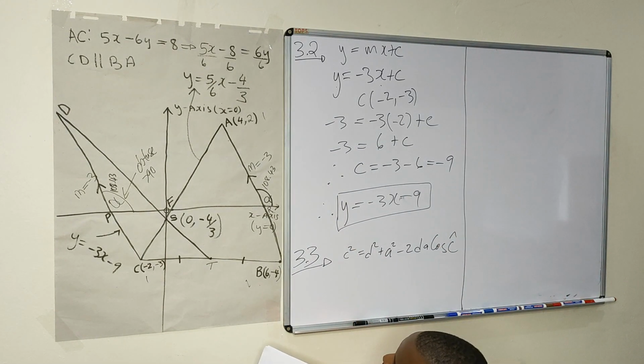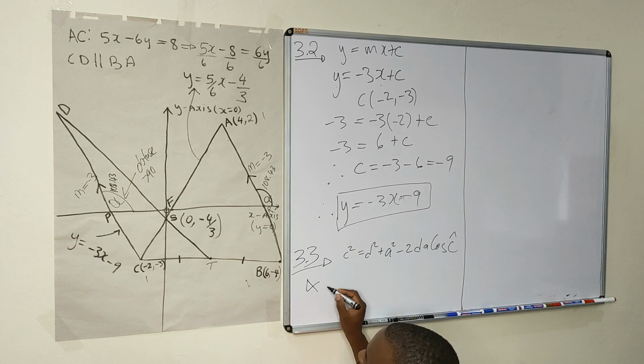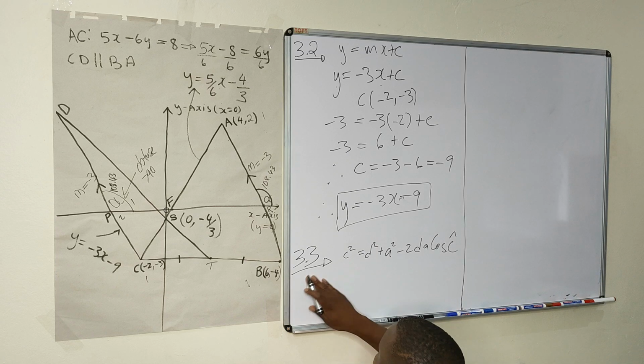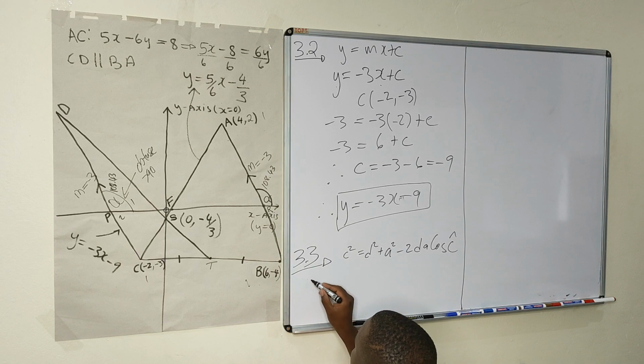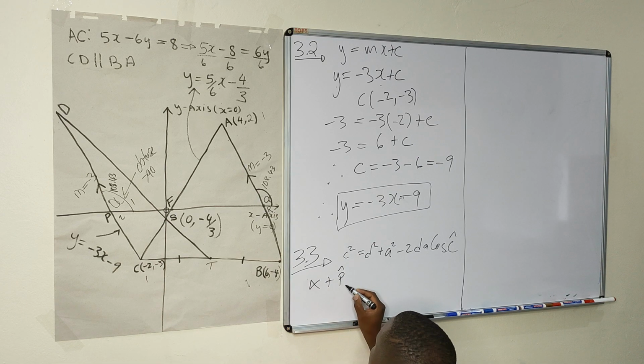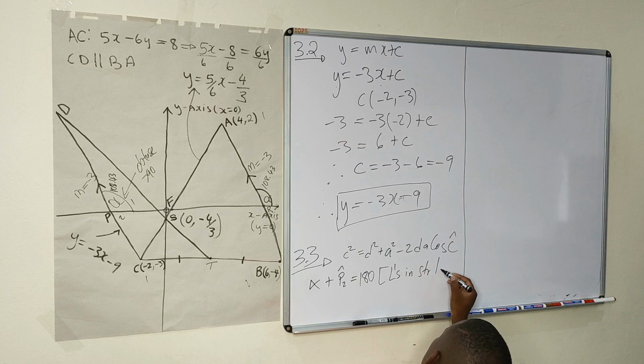let's say this is P1 and this is P2. So I'll say angle alpha plus angle P2 is 180. The reason will be angles in a straight line add up to 180.